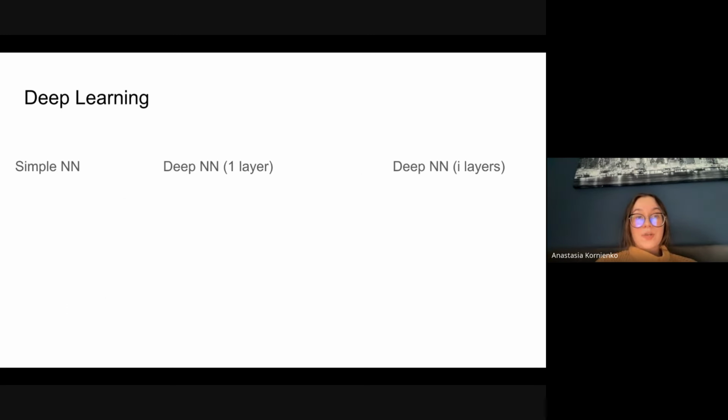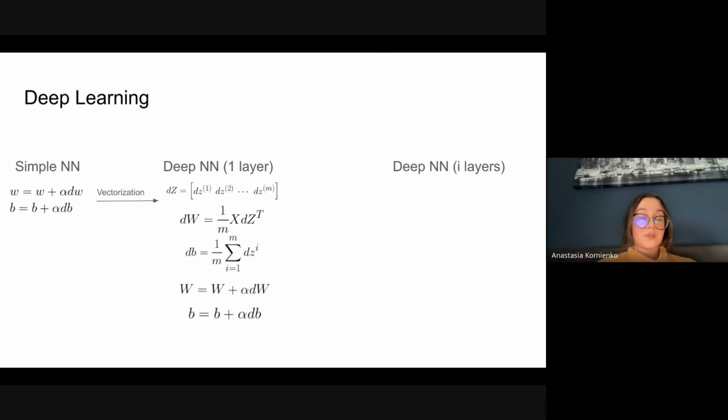That was about the activation function, but what about gradient descent? The intuition is the same. We start with one example and its dependencies. Then we make vectorization, and it becomes vectors.